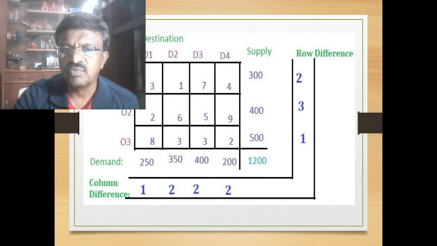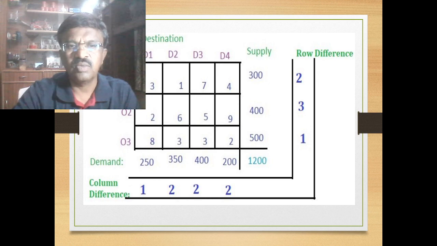For that, you go for the minimum cost cell. That is the cell 2,1, the second row, first column cell, which has a minimum cost of 2 to transport. So that cell is to be allocated with as many units as possible. What is meant by that?